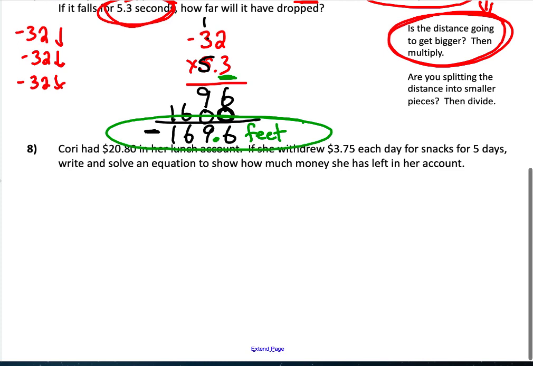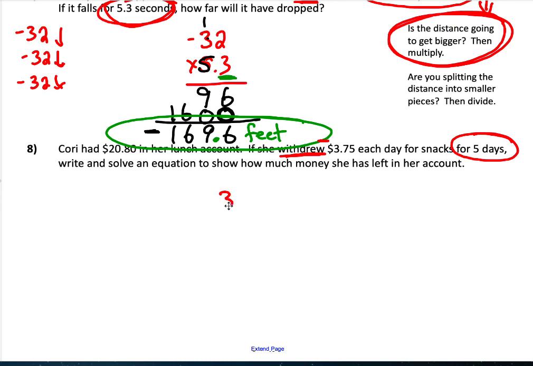All right, very last one. Corey has $20.80 in her lunch account. If she withdrew, remember, withdrawing means taking money out of your account, so you're subtracting that money from your account each day. She's taking $3.75 out each day for snacks for a total of 5 days. So write and solve an equation to show how much money she has left in her account.